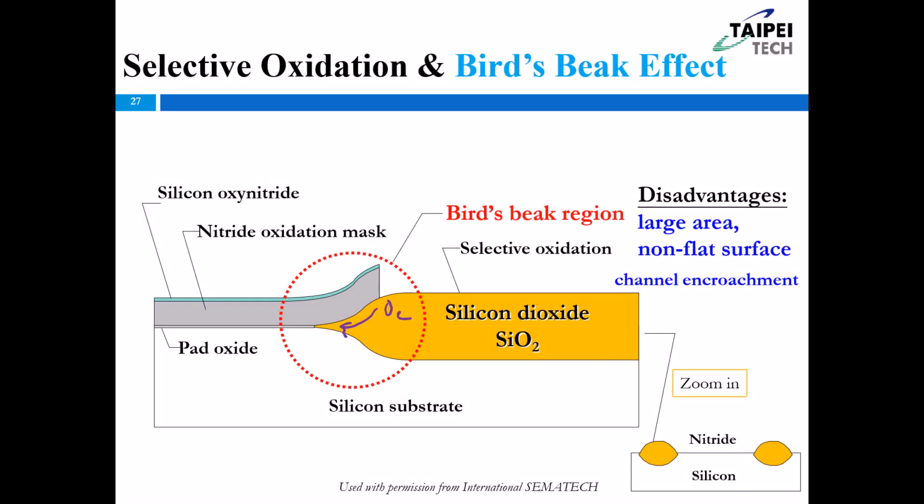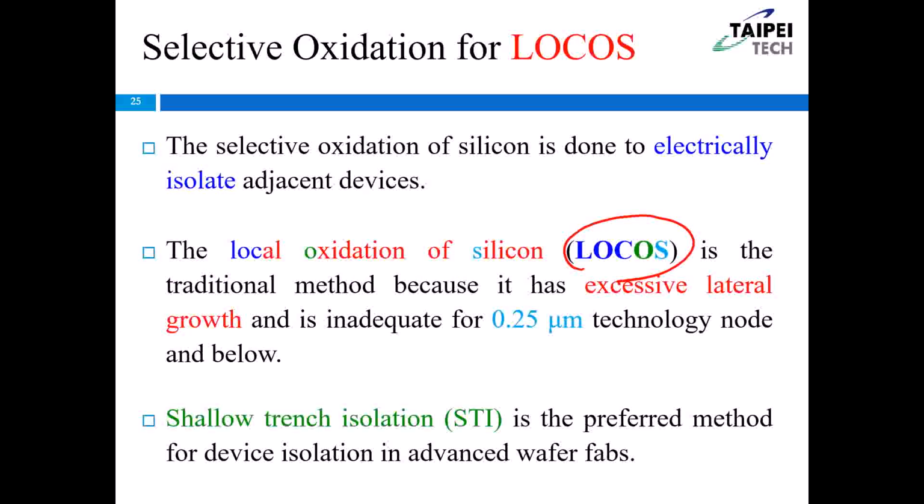We also have silicon dioxide formed here, because the oxygen goes to the left side and reacts with the silicon here to form silicon dioxide, okay? So that's the reason we say we have the lateral growth. 我们侧向也会成长，侧边也会成长。So that's the reason why on the first page we mentioned the lateral growth.